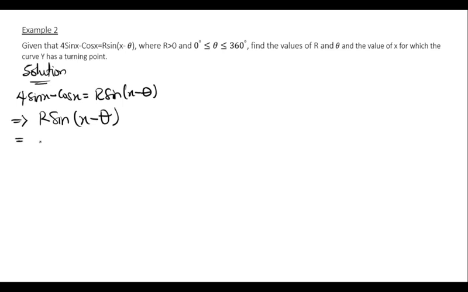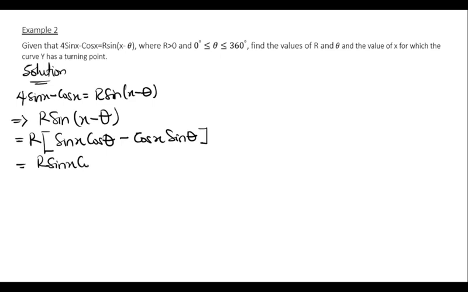If we expand this, we have r, then bracket, for sine we have sine x cos theta minus cos x sine theta as the expansion. Now we use the r to multiply through, so we have r sine x cos theta minus r cos x sine theta.